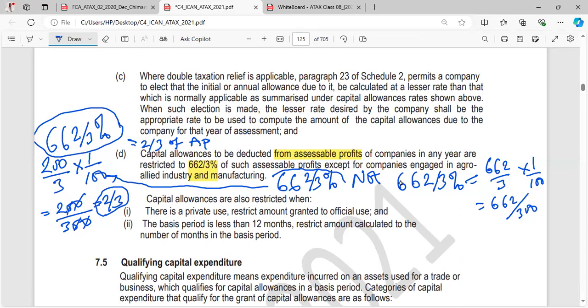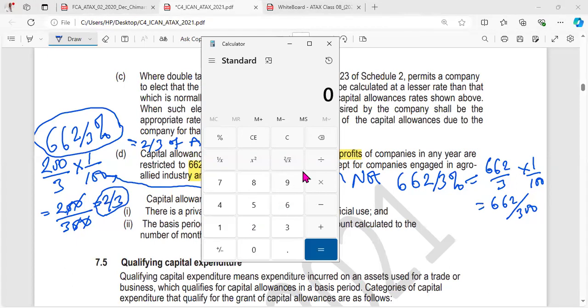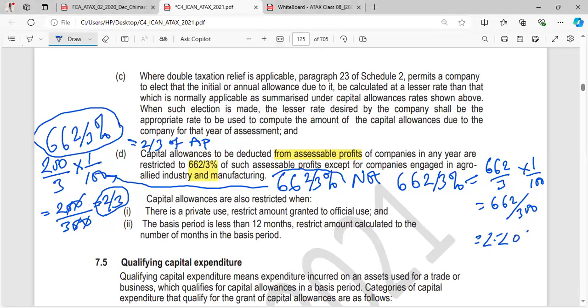That is going to give you 662 over 300, which, if we divide this, 662 divided by 300, will just give you 2.2067, which is not what we are looking for.